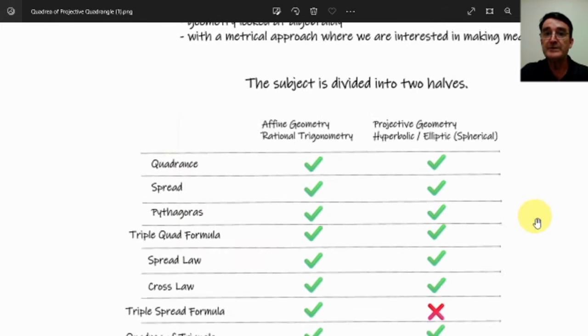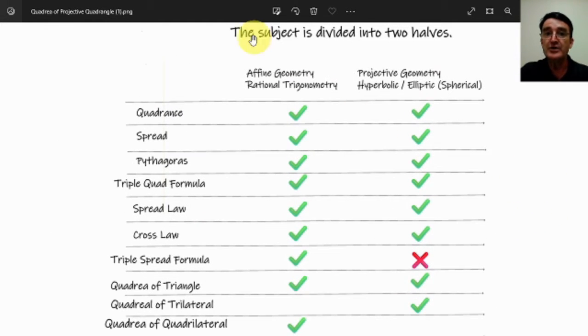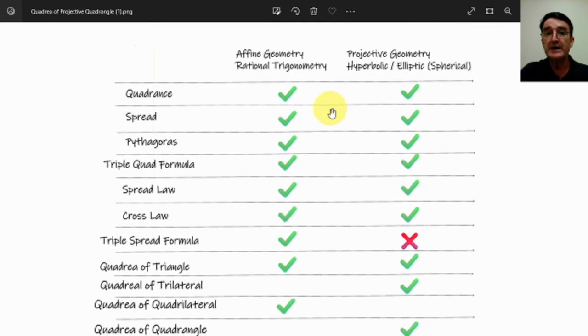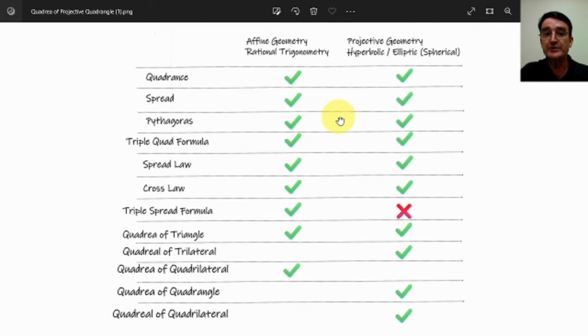We take the point of view that the geometry is divided into two halves: affine geometry and projective geometry. Under affine geometry, we have an algebraic framework called rational trigonometry.